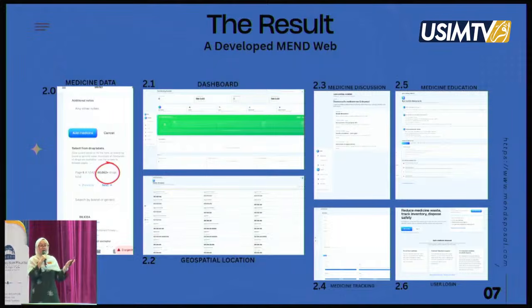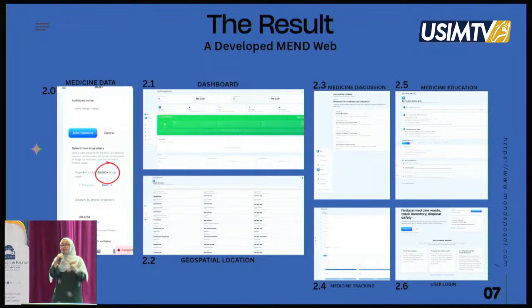So what did we actually build? So this is our developed MAN website. It brings together our medicine database, our index-based search, our AI prediction, our GPS navigation, our educational features, and also our analytic dashboards. So our medicine database consists of around 46,000 medicine records. These records help users to have a wider range to find information about their medicine.